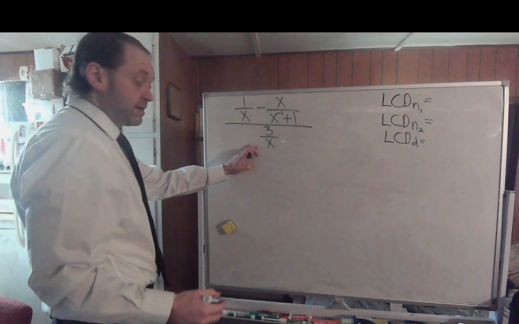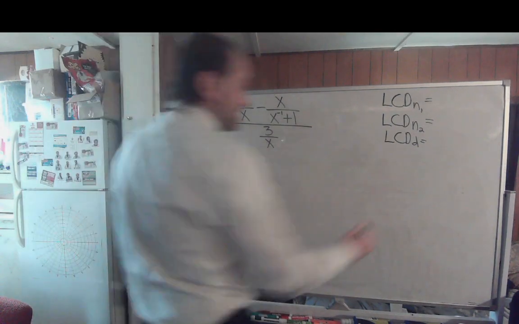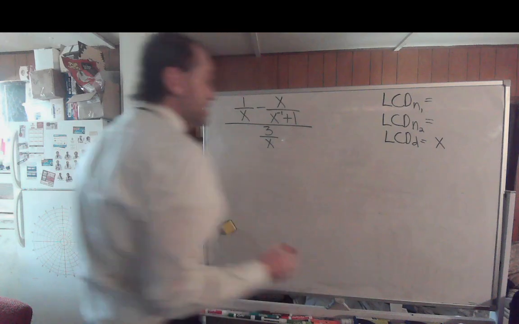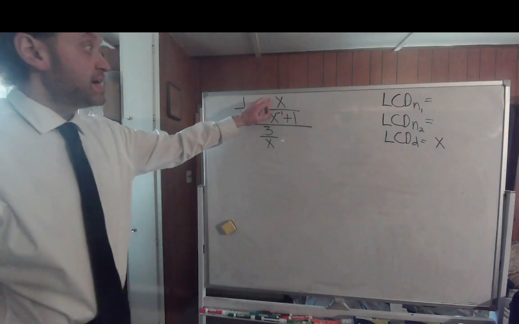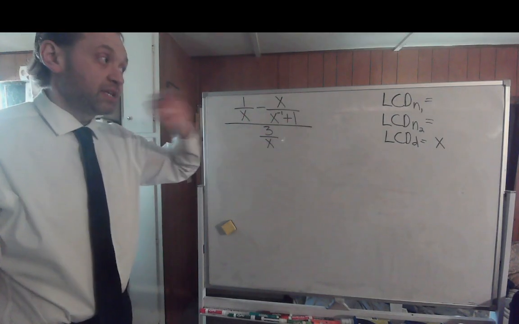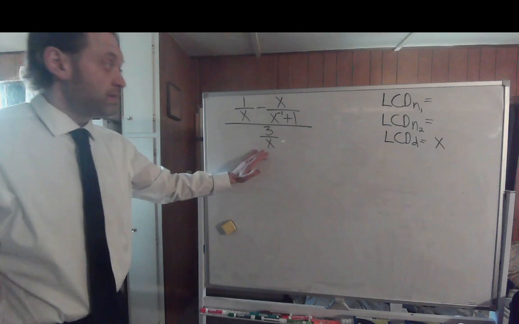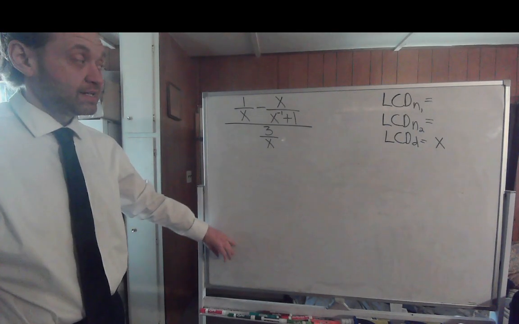Well, the denominator's common denominator should be obvious, that it's x. But you have 1 over x minus x over x to the negative first plus 1, all that divided by 3 over x.